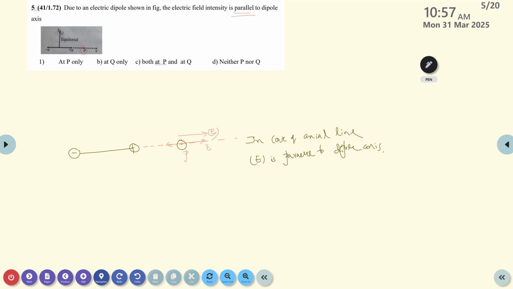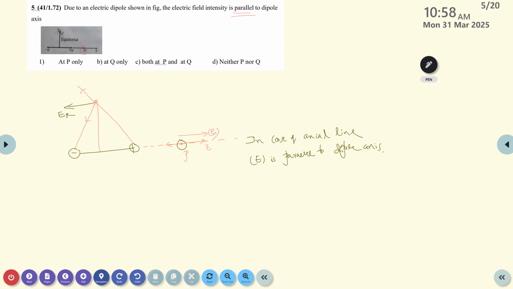What about at point Q? He considered this as the point Q. For the negative charge, remember, it is inward. For the positive charge, it is outward. And the resultant of this is like this, E resultant.